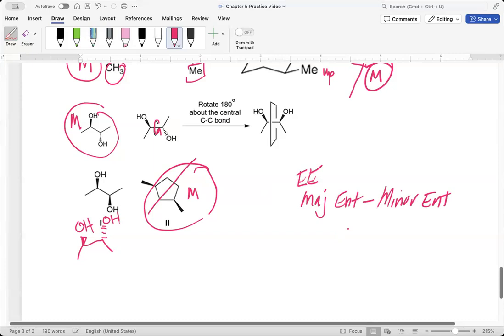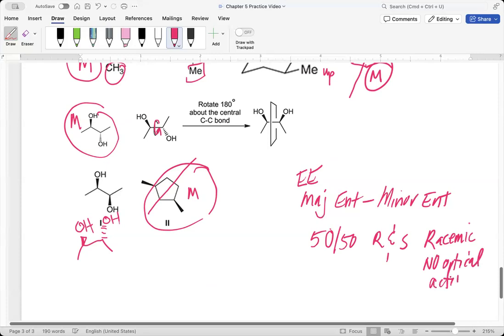The percent EE is the amount of excess of the major enantiomer that we have. And then also we said if we have a mixture of 50-50 R and S, that is what we call a racemic mixture. And it has no optical activity. So if I put that into the polarimeter, it's going to read 0.